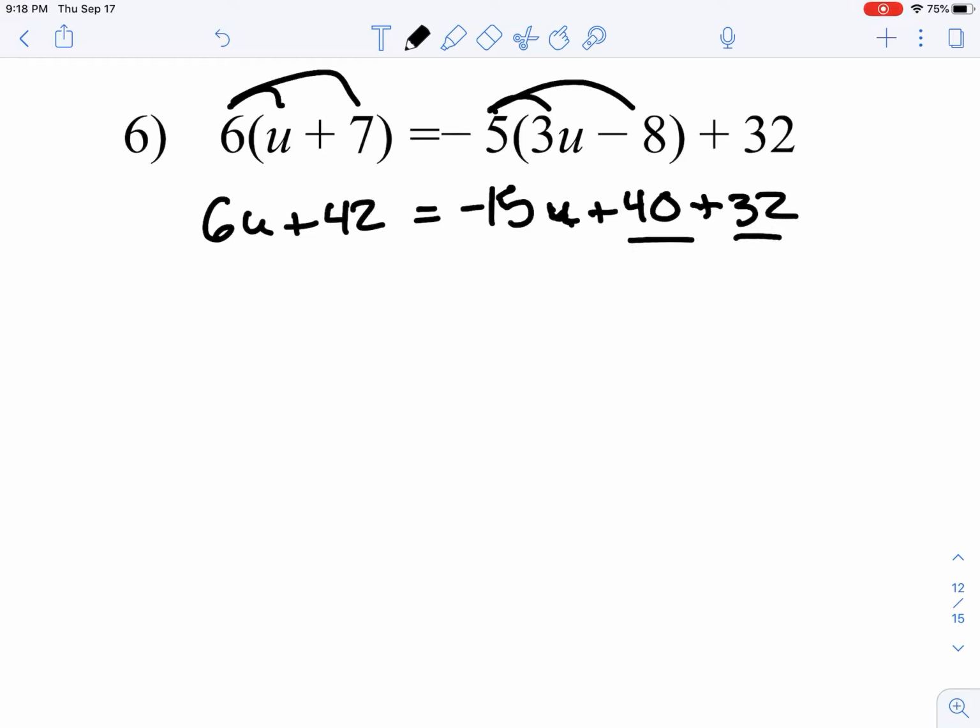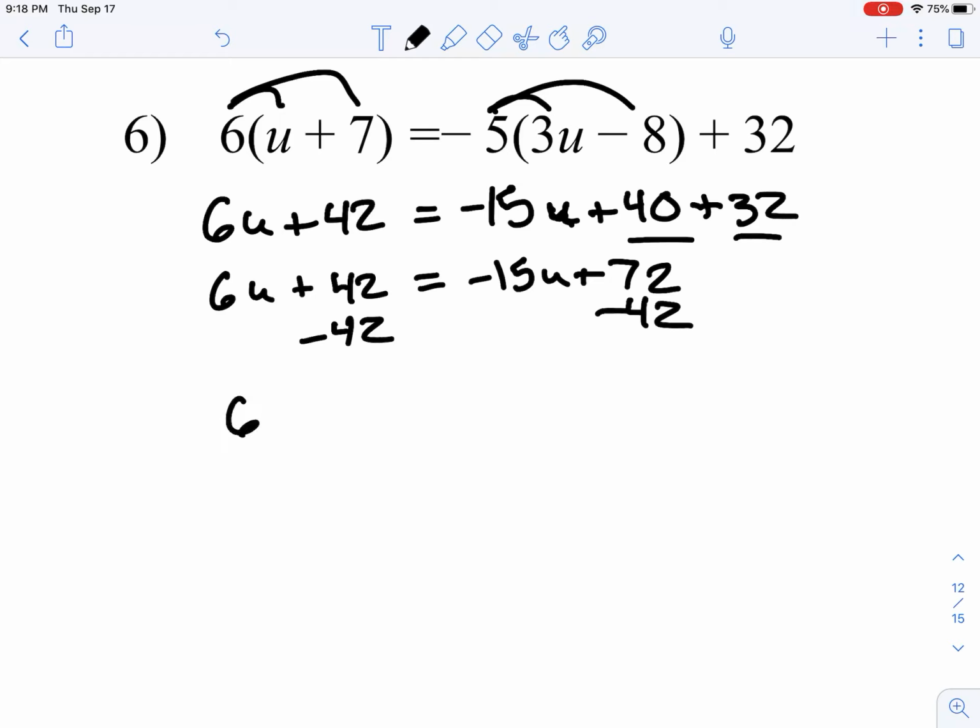I see like terms that I can combine over there, so I'm going to rewrite everything. 6u plus 42 equals -15u plus 72. Because I combined those. Minus 42, minus 42, 6u, those are gone, equals -15u. And then that will be plus 30.